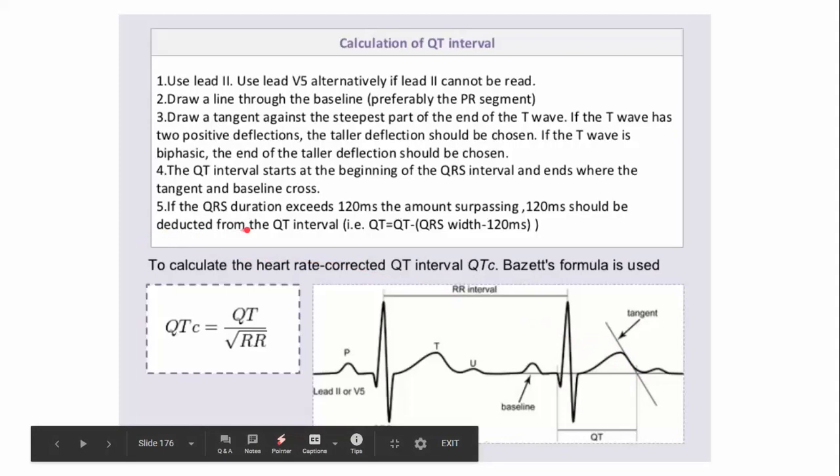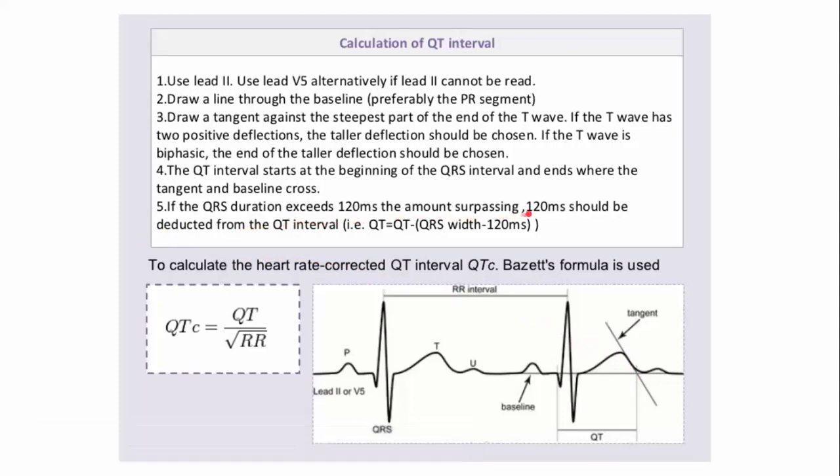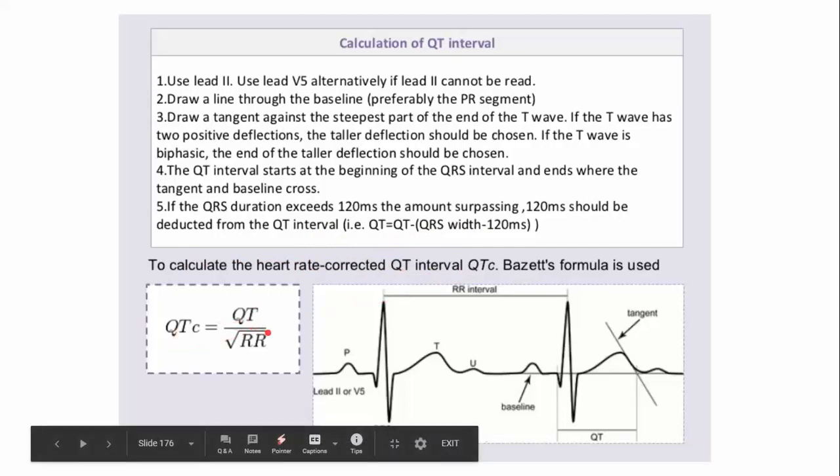If the QRS duration is over 120, whatever amount that surpasses 120 should be deducted from the QT. So the QT equals QT minus anything that's over 120. Okay? And then to calculate the rate corrected QT, this is a formula to correct for the rate.